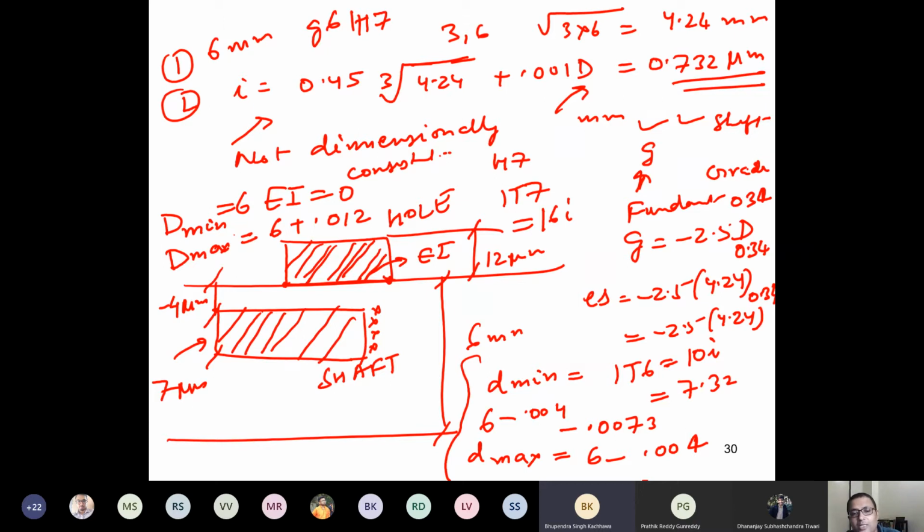This is my limit on the hole, and this is my limit on the shaft. If I make a shaft here, I reject. Then this is not the G6H7 combination. Or if I make my hole here or here, I reject the hole. This is how I test it.